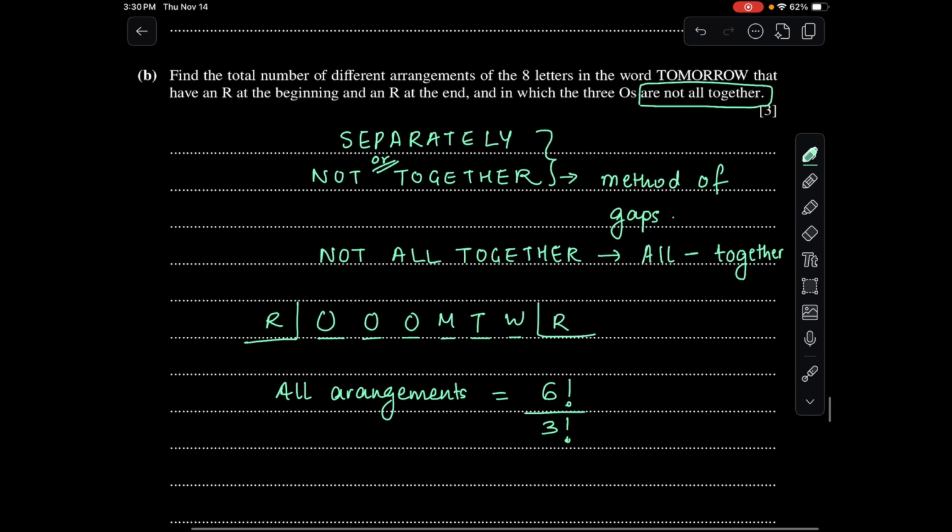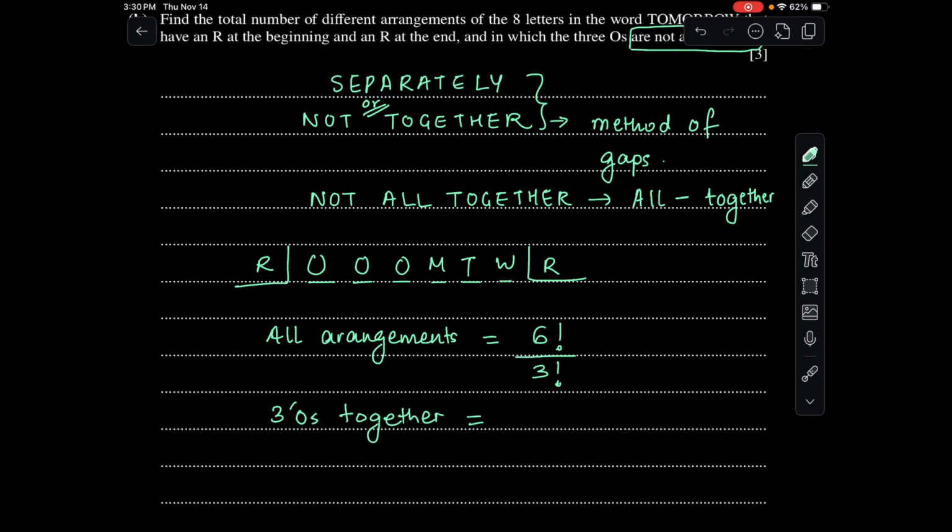And with the 3 O's together, it would be something like this. You will have T at the start, R at the end, and the O's together, count them as 1. So we have 1, 2, 3 and this is counted as 1, 4. So this can be arranged in 4 factorial ways.